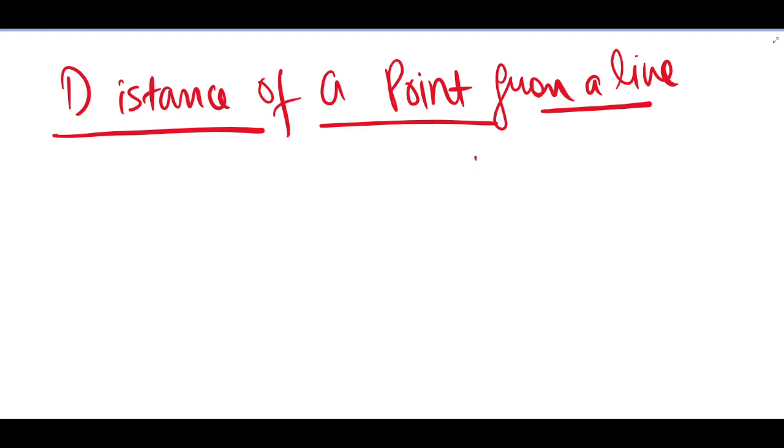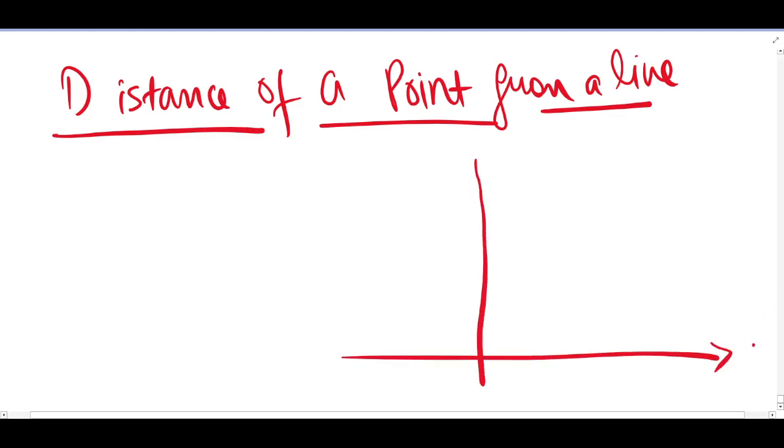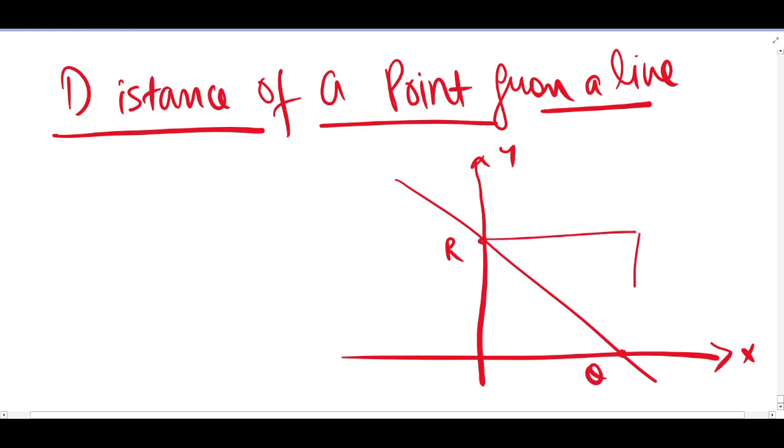Suppose we have a Cartesian system, and this is the x-axis, this is the y-axis, this is point R, and this is point Q, and this is point P. This is any point P, x comma y, and we have a perpendicular distance d from line RQ.